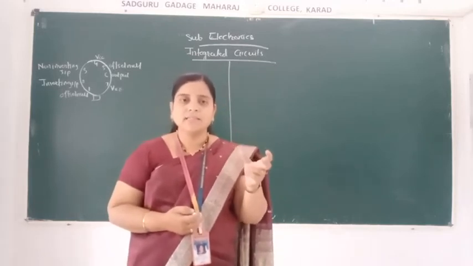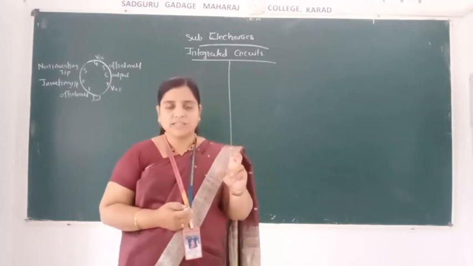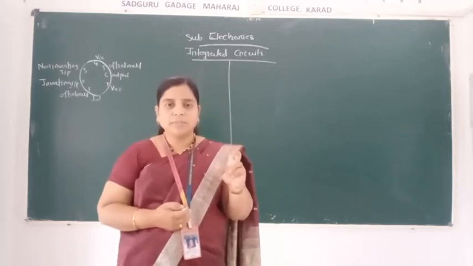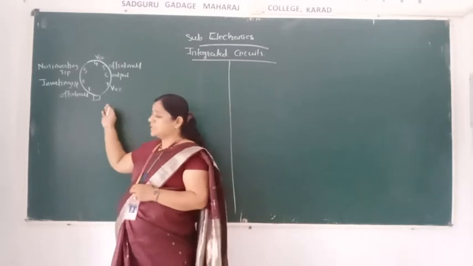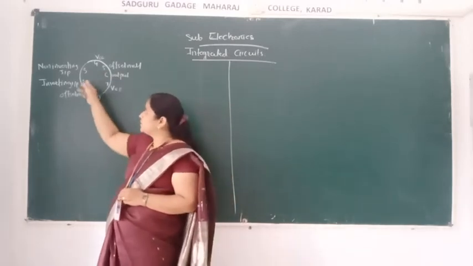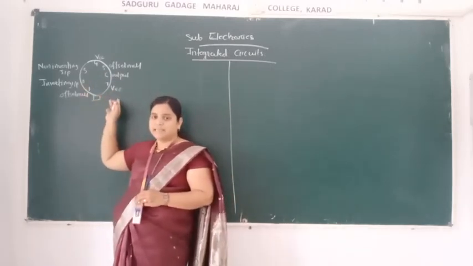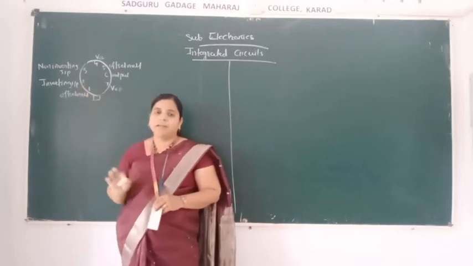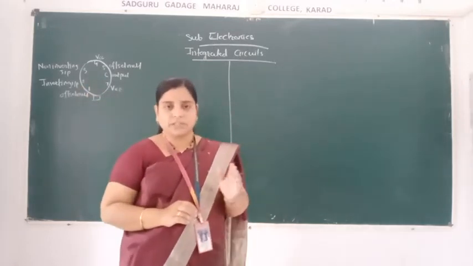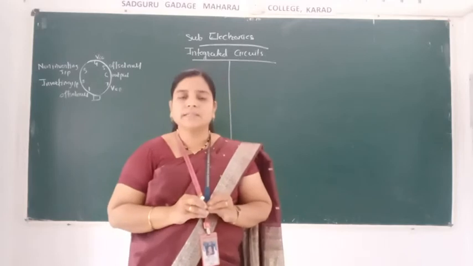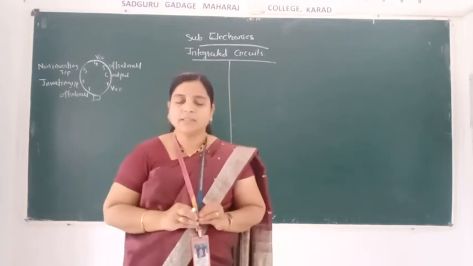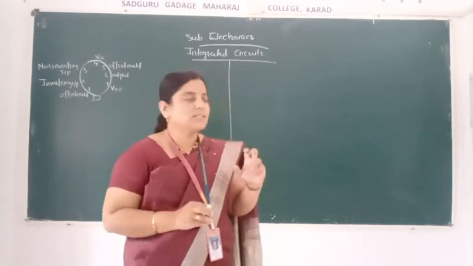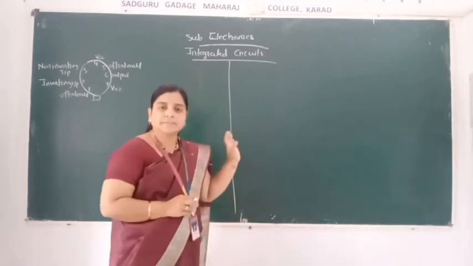What is the IC of operational amplifier? Which number it has, that I am going to take now. This is a 7 pin IC and each and every pin has its separate function. So all these things you have seen in the operational amplifier chapter. So our chapter finishes here.